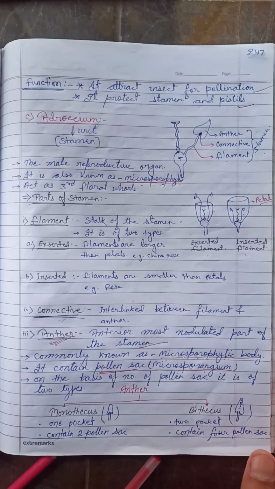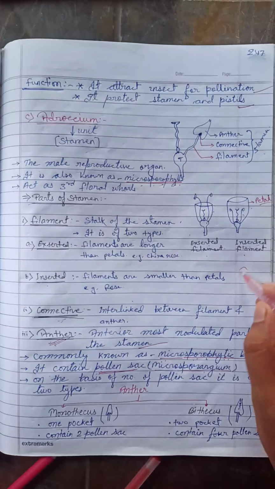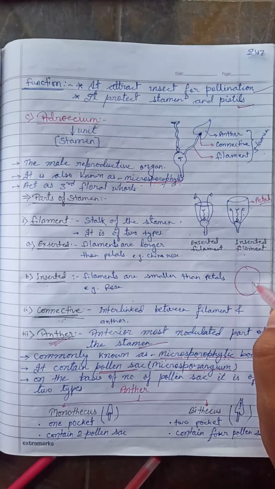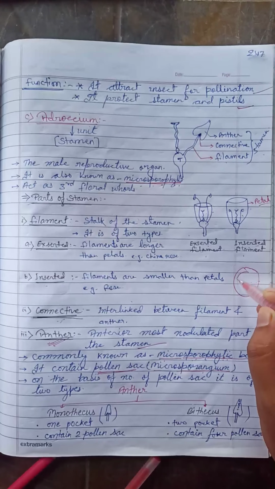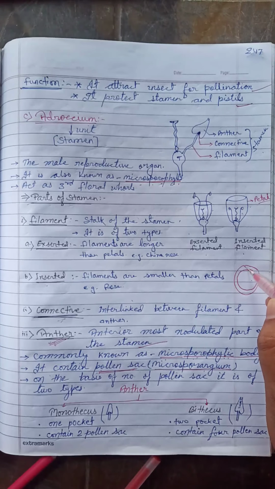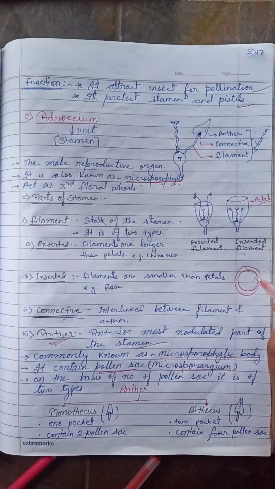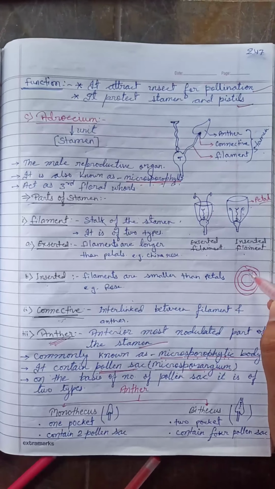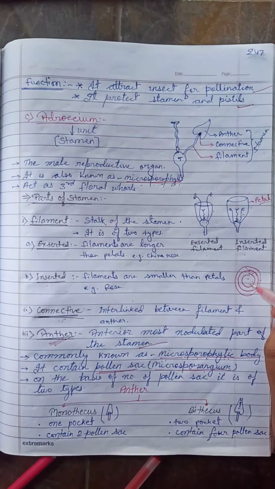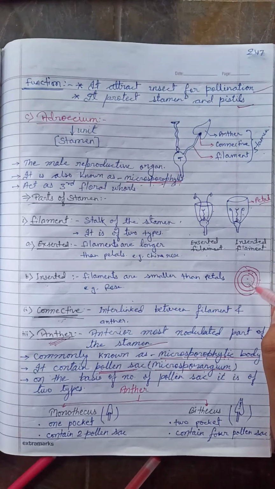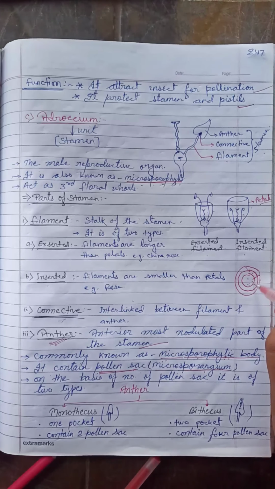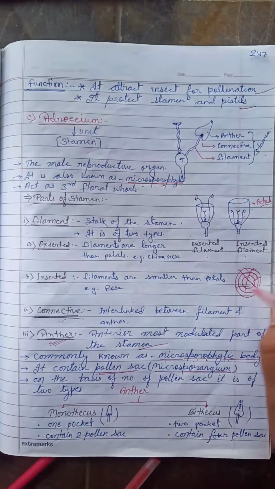Is it clear? Suppose this is the stamen, that means it is the microsporophyll. It contains the anther, that means microsporophyte, and it contains the pollen grains, that means microsporangium. It is layer-wise, but this is only rough.